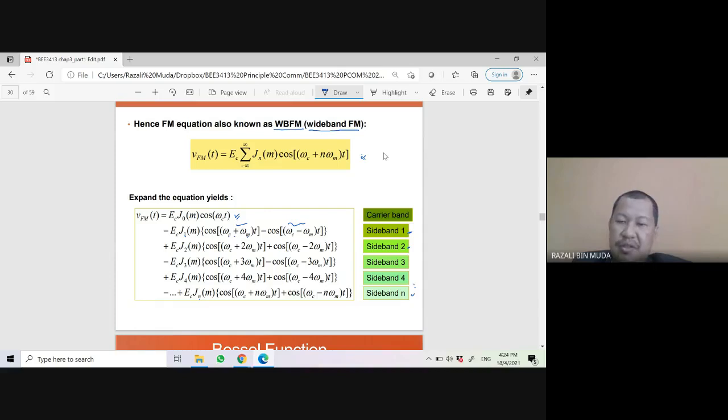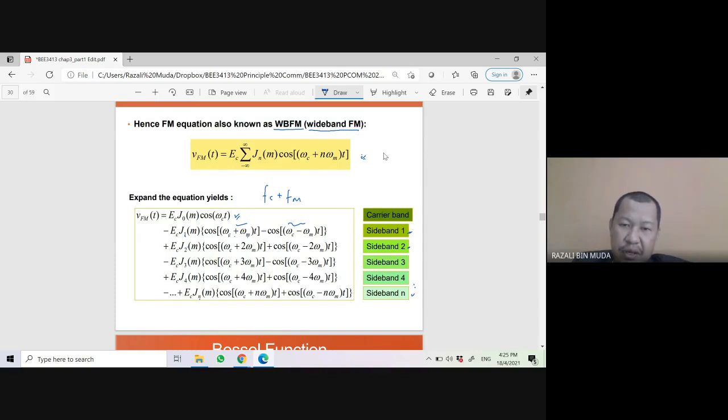Okay, so you tengok dia punya equation frequency ni, omega C plus omega M, ataupun kita kata tadi FC plus FM. Sama lah, omega equal to 2 pi F kan. So this is omega C plus 2 omega M, ataupun FC plus 2 FM.